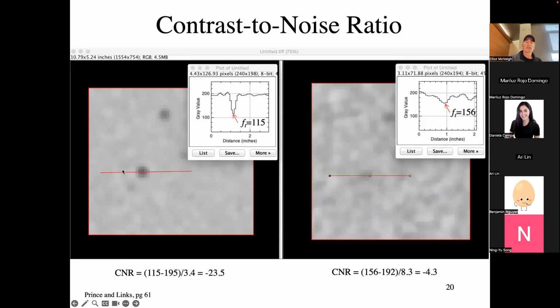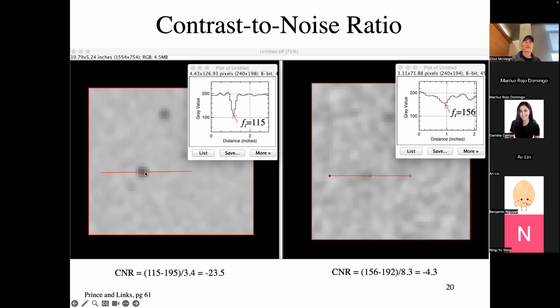So we can draw a line through that signal and measure its amplitude as a function of position. So here we saw 195 was the mean. That's the background. Right in the center, you can see there's a few pixels here, just one pixel here, right in the center. It goes down to 115. So now I have a contrast that I've measured, right? 115 minus the background signal 195, divide that by the root mean square deviation, the standard deviation of the background, and I get this number, negative 23.5.